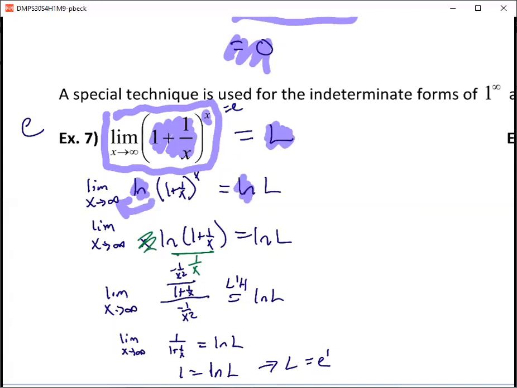The benefit is we can bring that x out into the front. Now this is going to be infinity times 0 in essence. But what we're going to do with that x is turn it into 1 over x in the denominator.